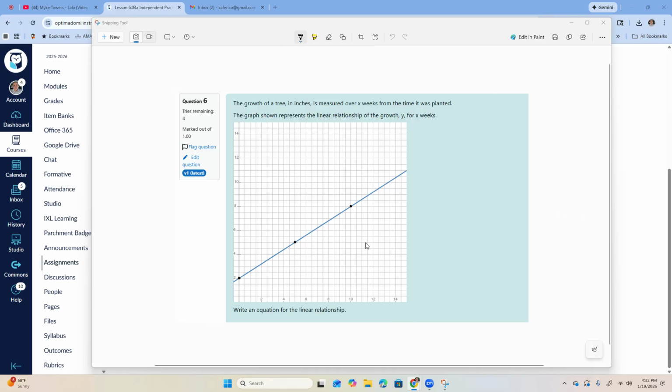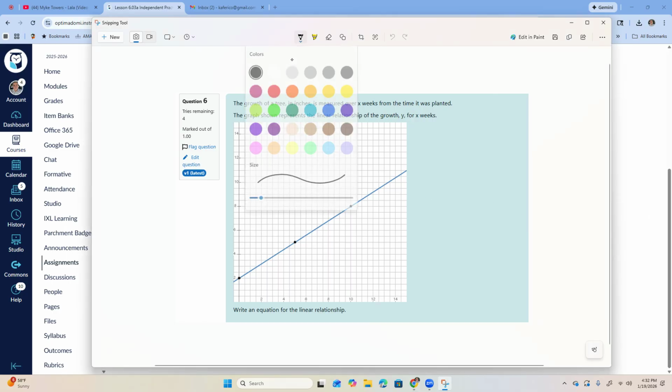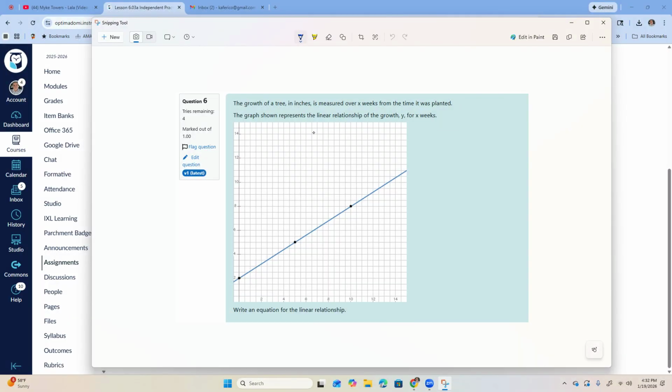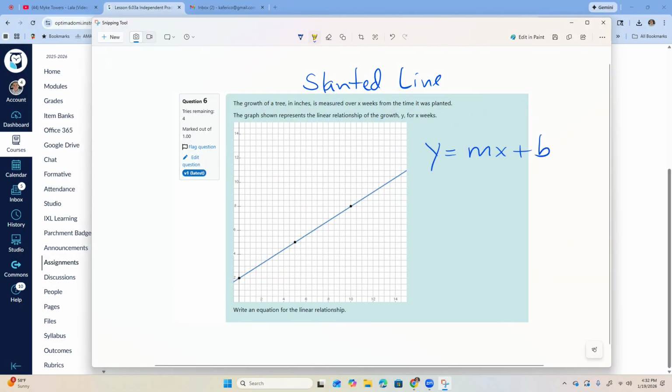Here's the last question. Question number 6. Same idea. This is a slanted line. And for all slanted lines, the equation is y equal mx plus b. Your job, find the value of m and find the value of b.